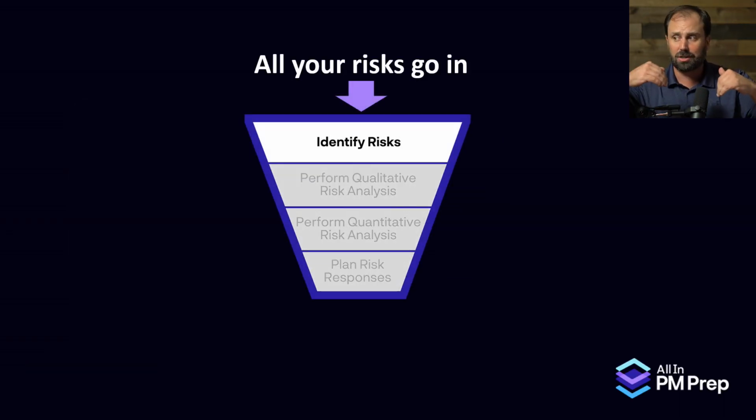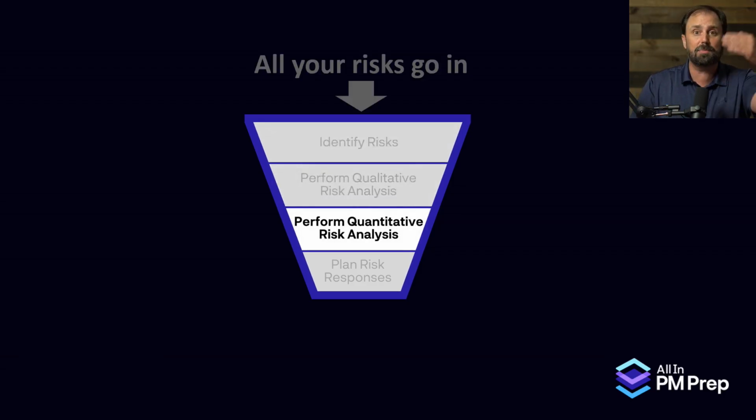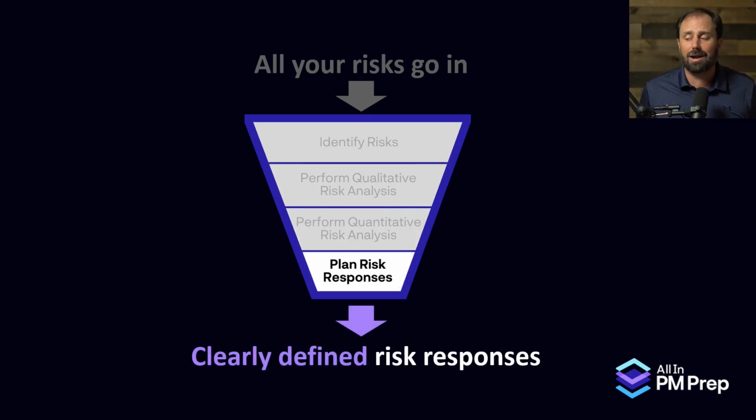All the risk goes into the top. The first process is called identify risk. Who would have thunk it? As we go through there, 2 different types of analysis that we'll walk through help us discern what are the most important risks. And at the bottom, we have plan risk responses, where we generate clearly defined risk responses that attack those big, important, meaty risks and opportunities.